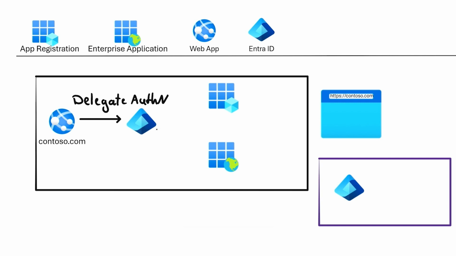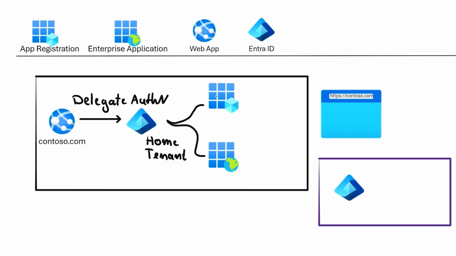If you want to do this, you need to register an application, creating an app registration in the Entra ID tenant, which from the perspective of the app is then the home tenant because it's created in there.